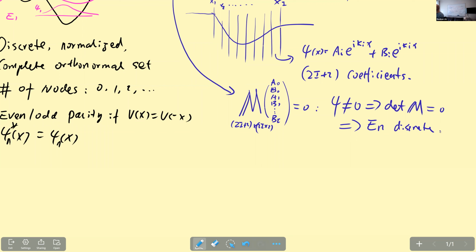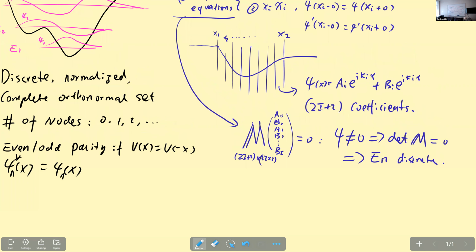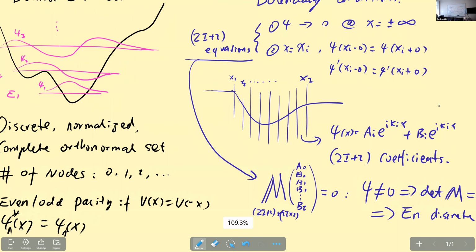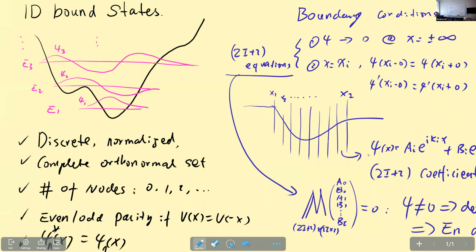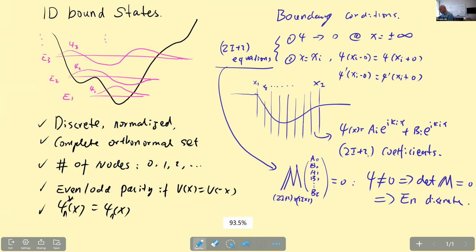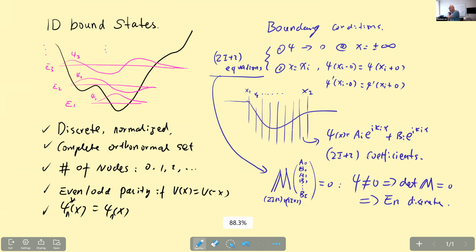And once you know these eigenvalues E_m, you can obtain these coefficients up to a global factor. So these are the general properties and the general methods for obtaining the eigenfunctions and eigenvalues of the 1D bound states. And of course, we have studied a few cases in detail.